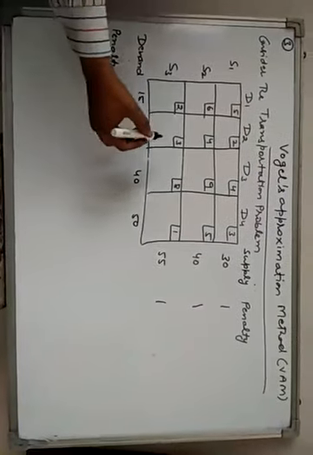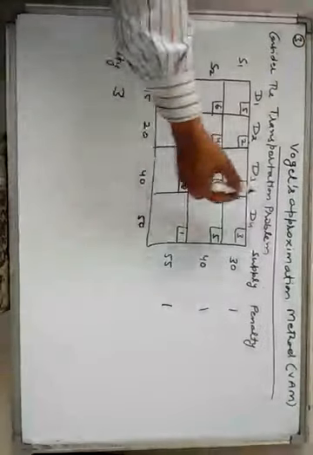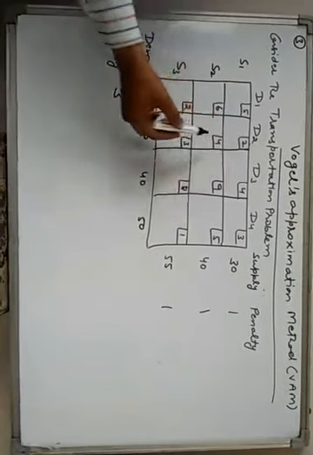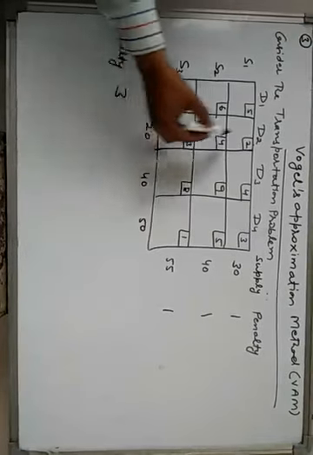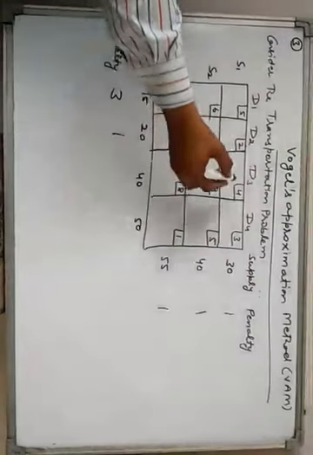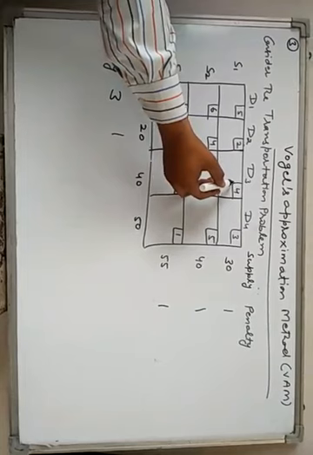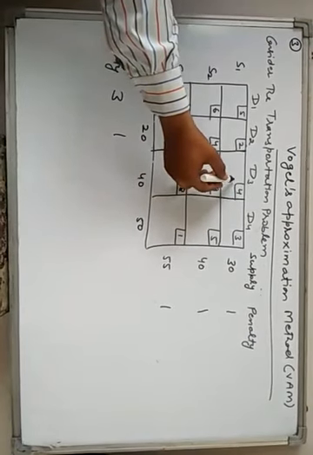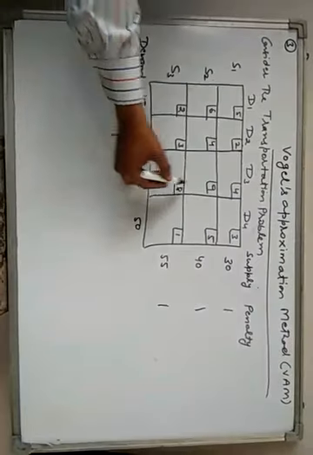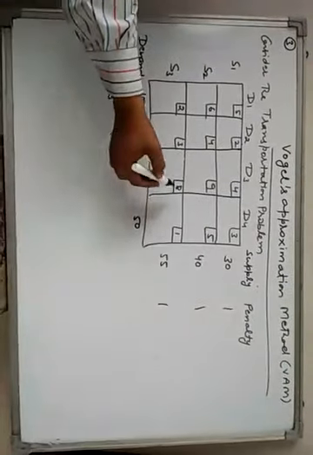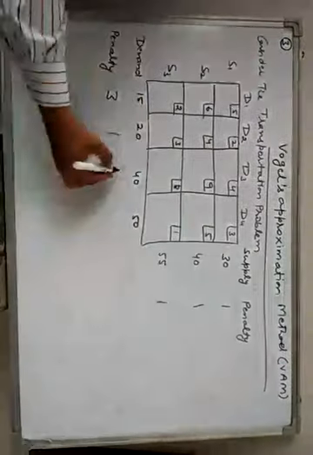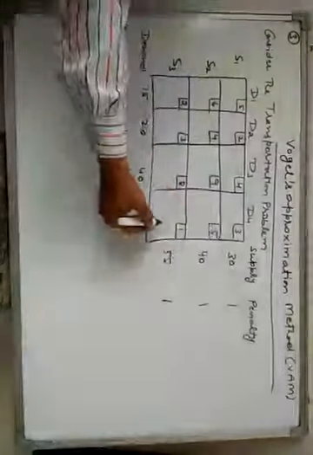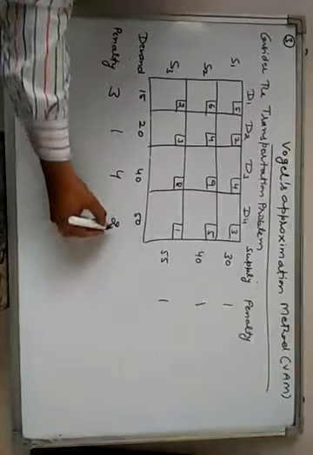Now we will calculate the remaining penalties. Here the smallest entry is 3 and the next higher is 4. The penalty is 1. Here the penalty is 4. The smallest entry is 4 and the next higher entry is 8, and the penalty is the difference of 8 and 4, that is 4. In a similar manner we calculate the penalty for this column, that is 2.